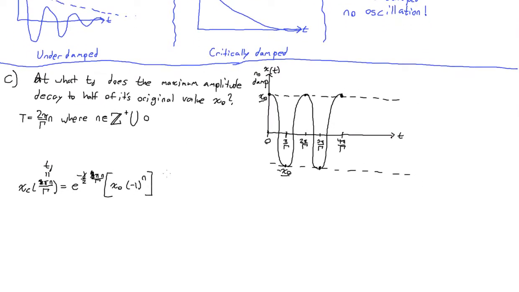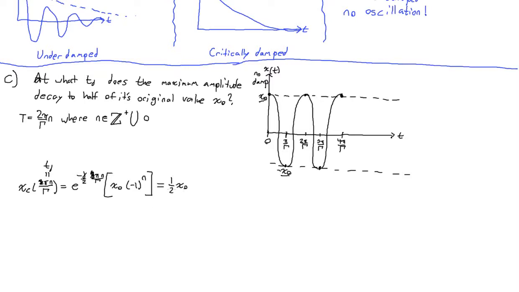Okay. So, basically now, this -1 to the n is essentially not, well, here, let me just do it, and then I'll justify why I'm doing it after. So, at this time, t sub d, we are basically going to have that this is equal to 1/2 x naught, right?